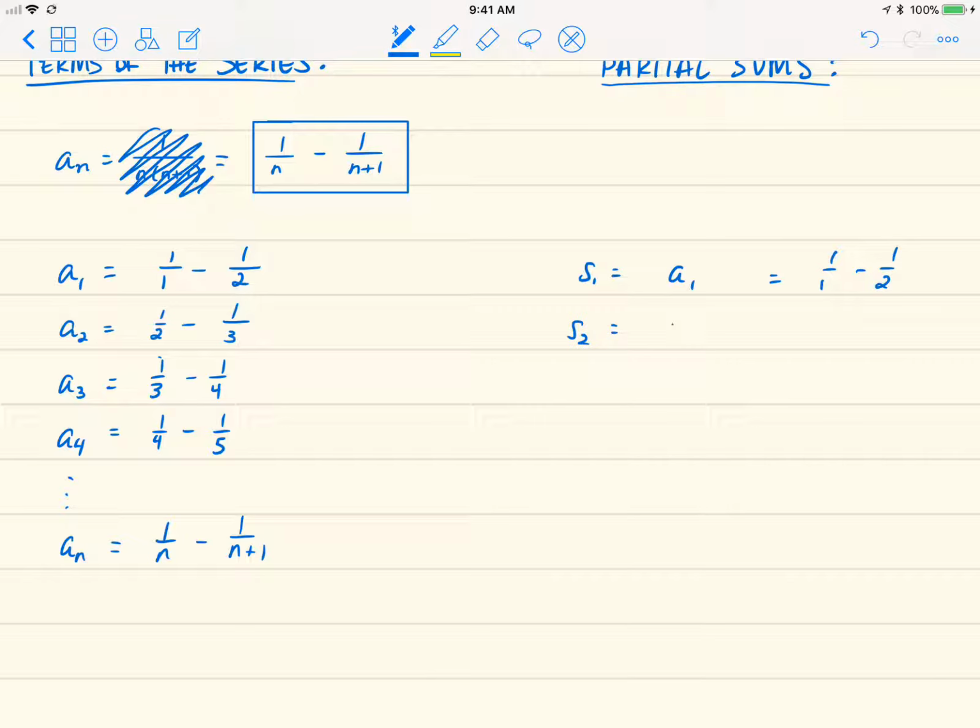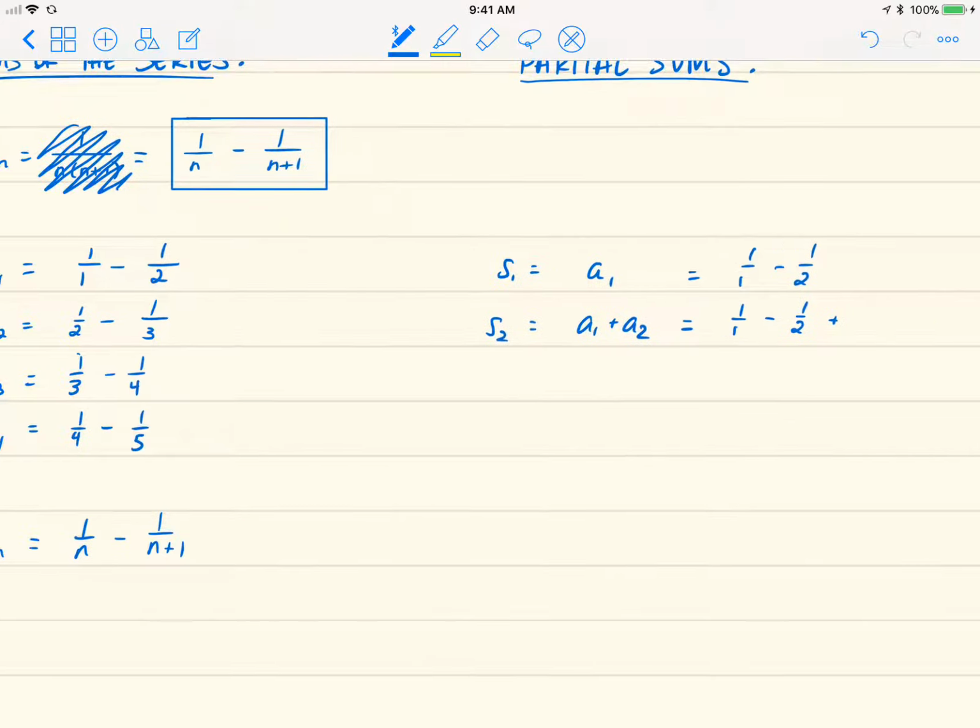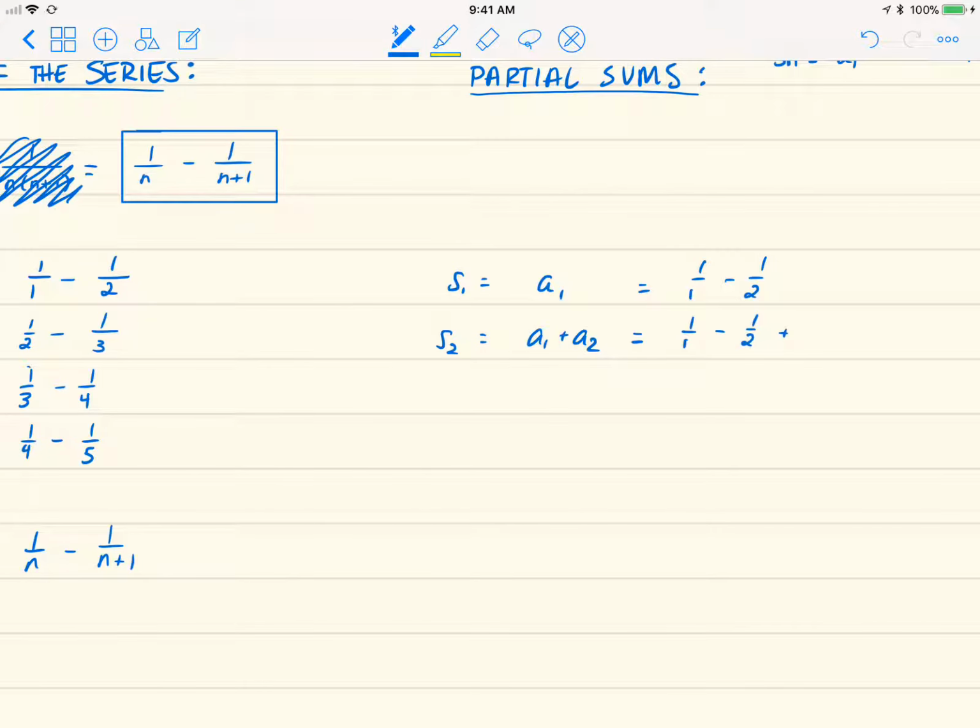S sub 2 is a1 plus a2. So we'll get 1 over 1 minus 1 over 2 plus 1 over 2 minus 1 over 3. Now for S3, we'll have a1 plus a2 plus a3.